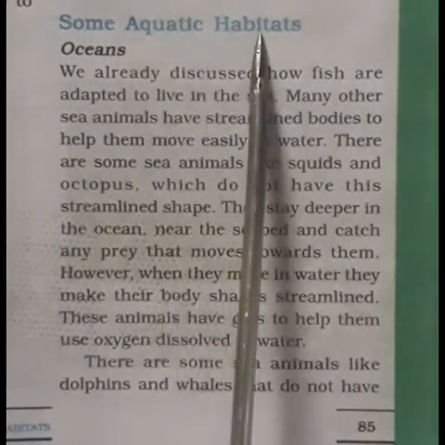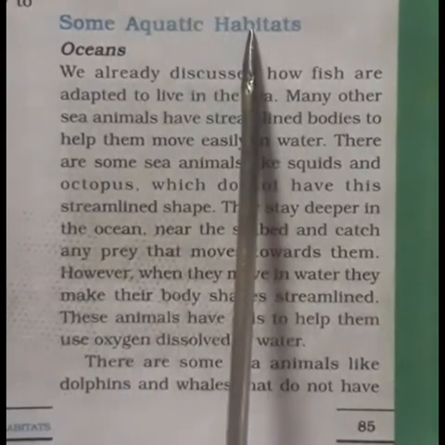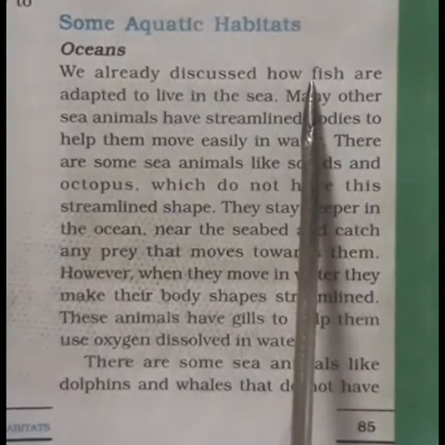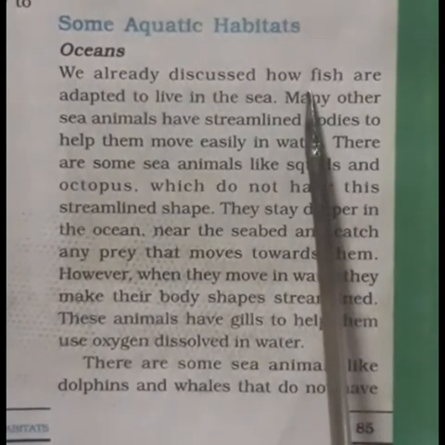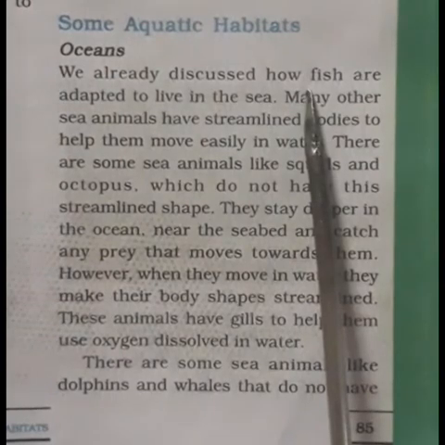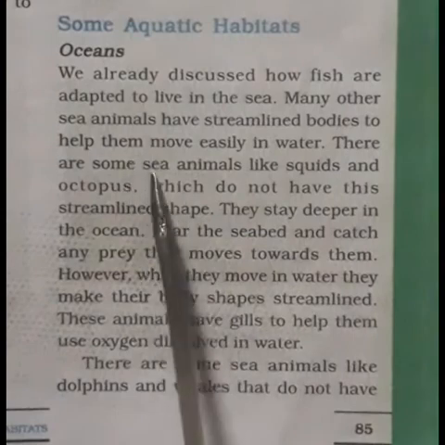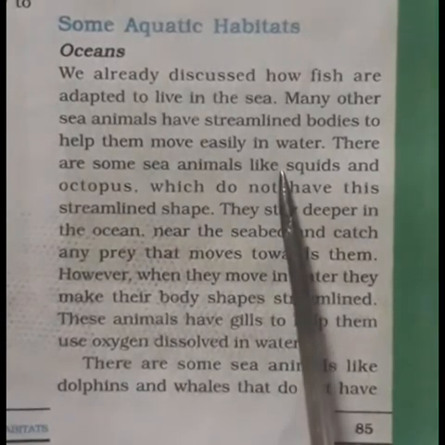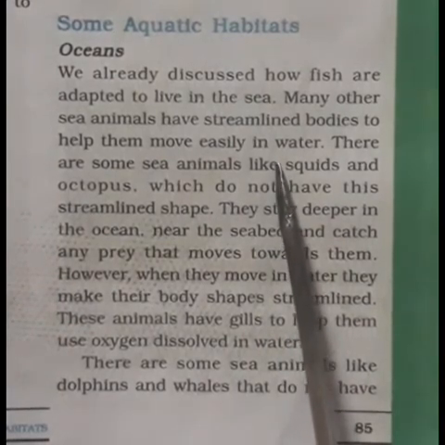Oceans are also examples of aquatic habitat. We have already discussed the fish that lives in water, and it has a streamlined body which enables it to move or swim in water easily. But there are some animals like squids and octopus which do not have a streamlined body. Then how will they move in water?